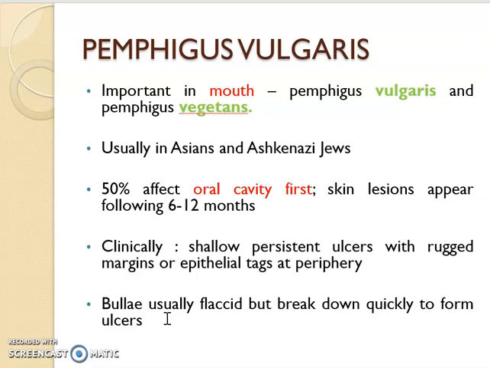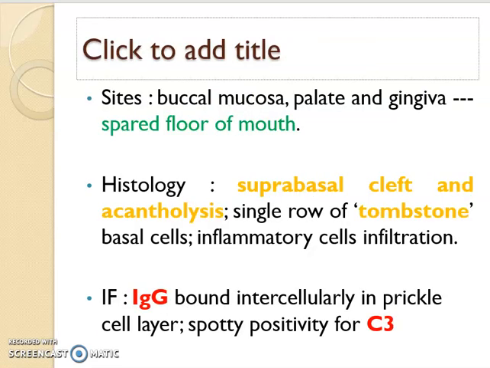Most of them are without bullae or vesicles. If you see only ulcers, it might be pemphigus, right? I will tell you why. The sites commonly involved are the buccal mucosa, palate, gingiva, and it spreads to the floor of the mouth.